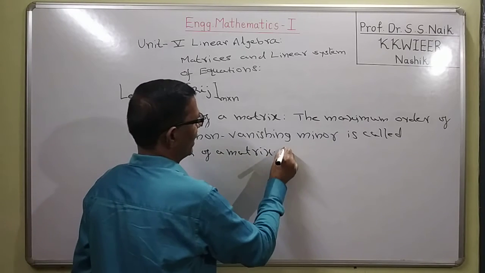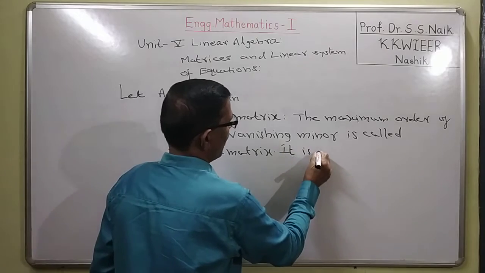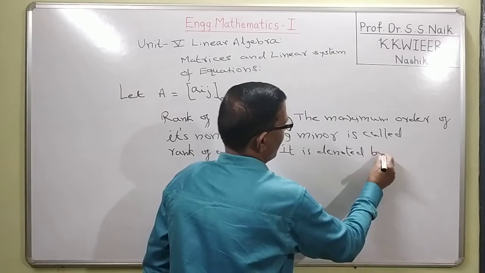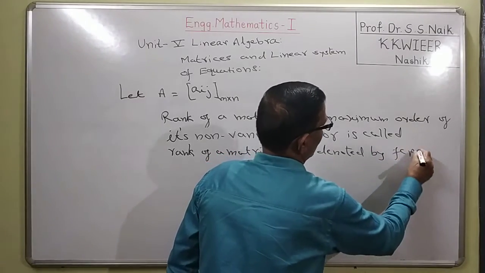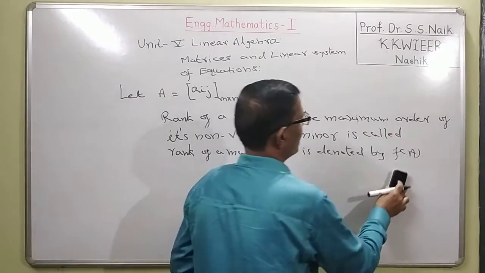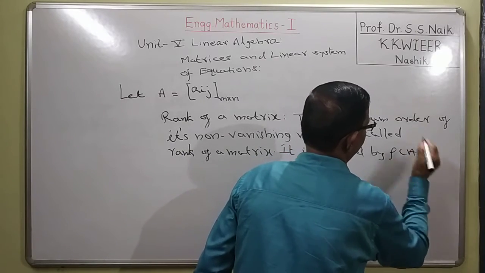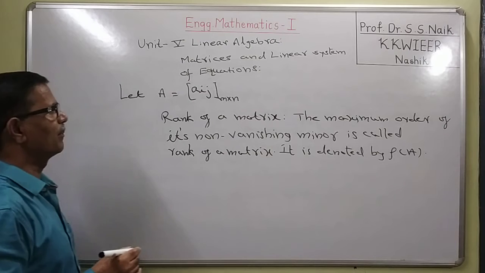And it is denoted by rho of A. Now this rho of A is the rank of the matrix.